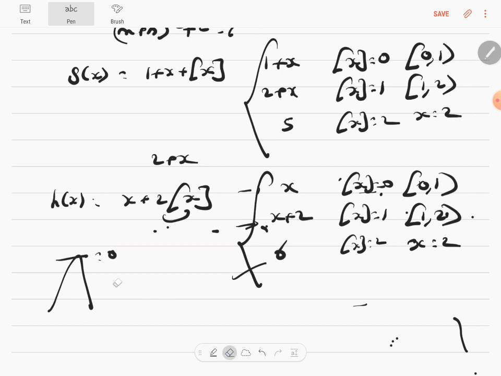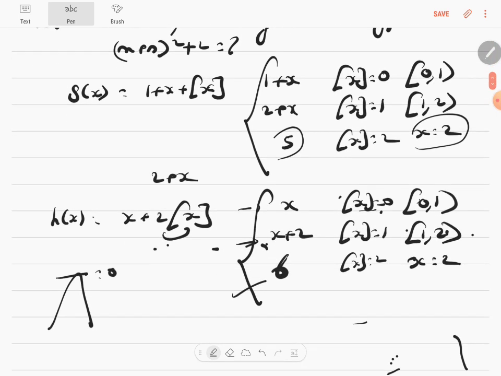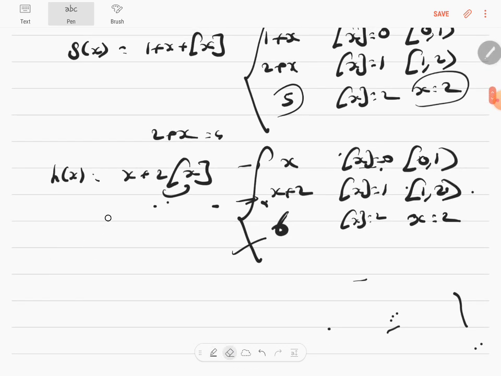Okay, but the point is about continuity. f of x gets discontinuous at x equal to 2, because at x equal to 2 you get 6 here, 5 here, and 4 here, so you have different values of f of x.